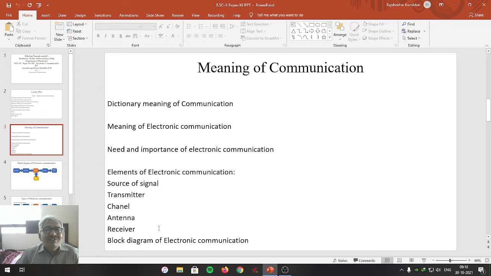These are the elements required for electronic communication to be produced very successfully. Dear students, these are the aspects that we covered in the last lecture. To continue with the same, let me proceed to understand the block diagram of electronic communication.